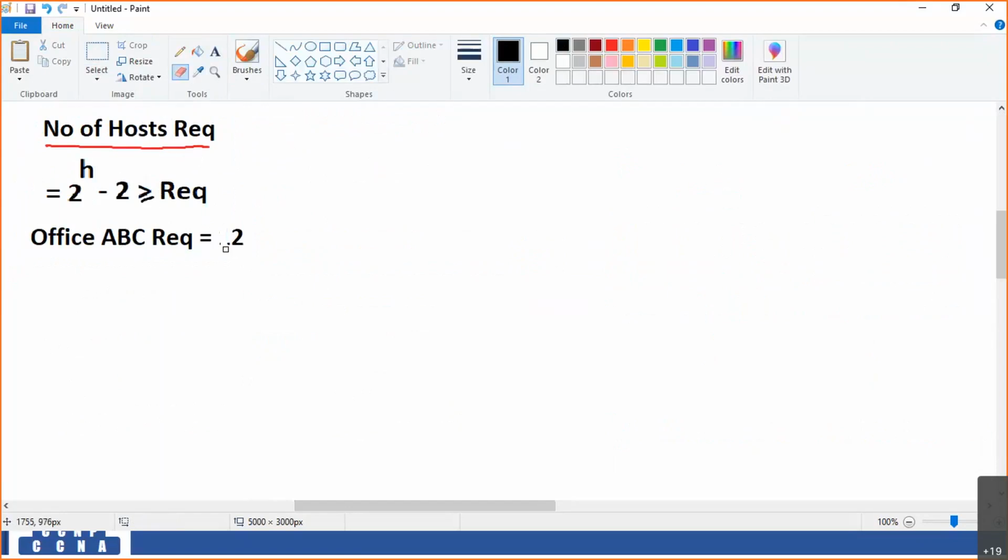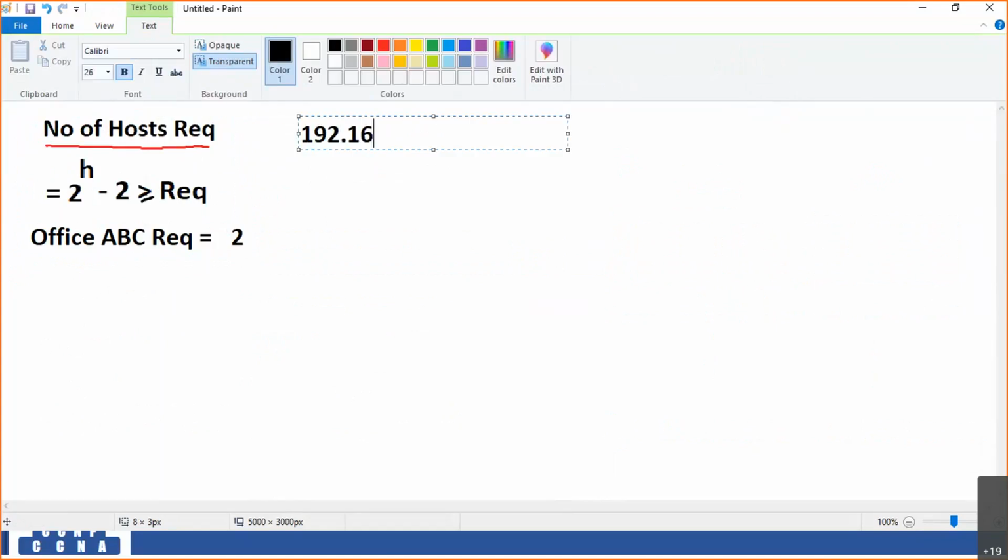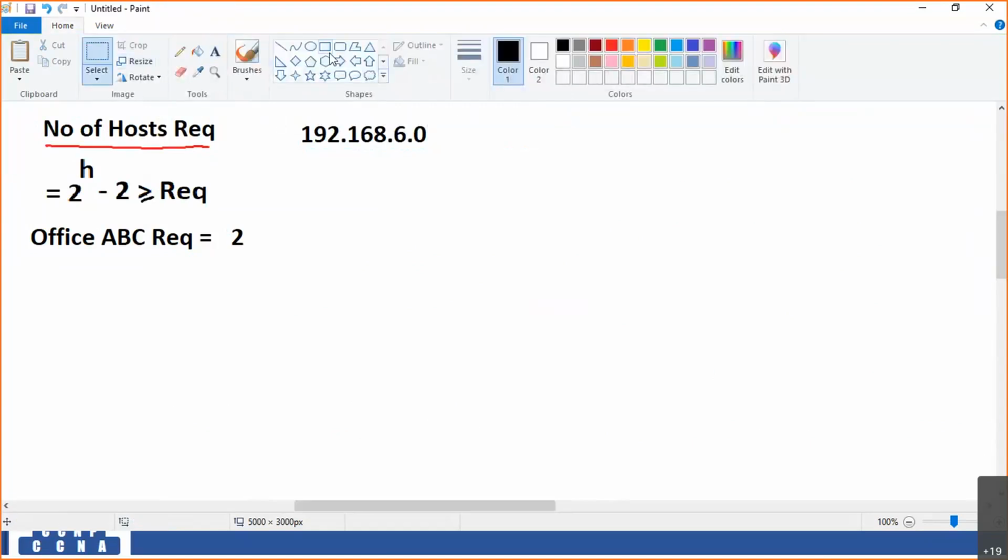The base example is 192.168.6.0. Do it fast. Requirement is 2.